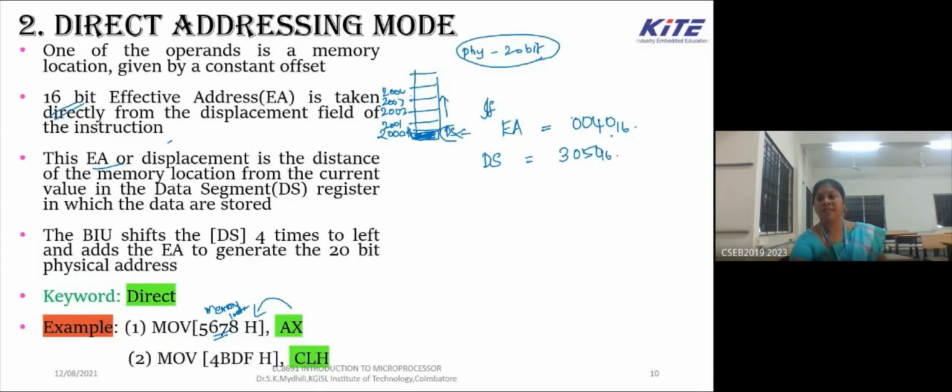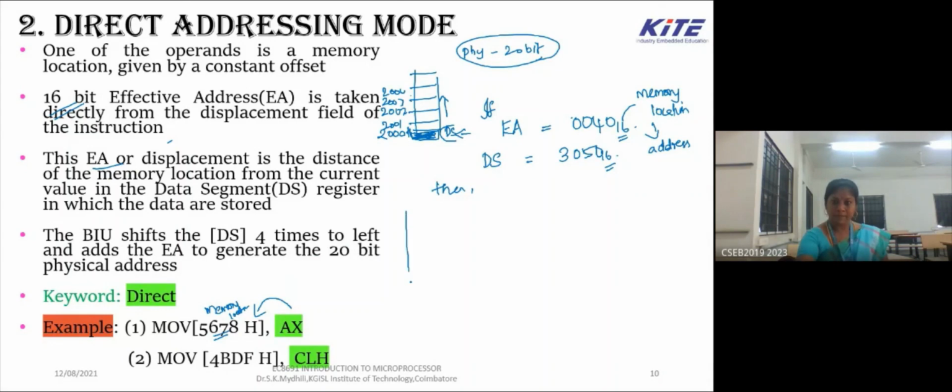This is nothing but the memory location which specifies the address. That is why it is specified in base 16. Are you clear? Yes.